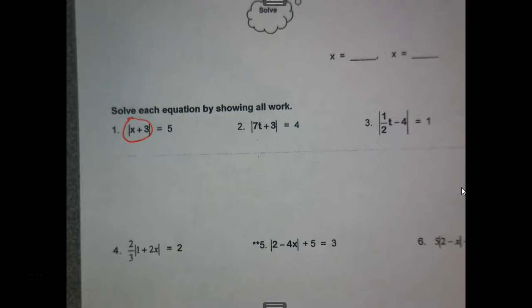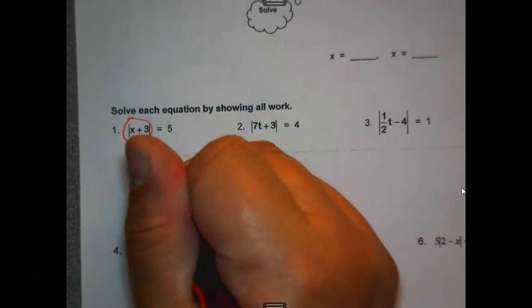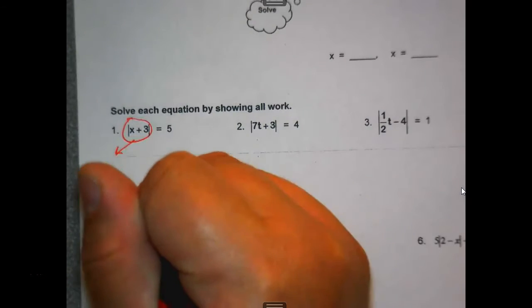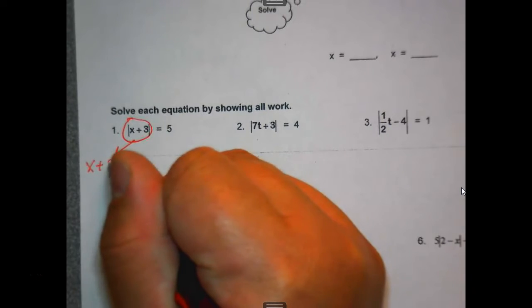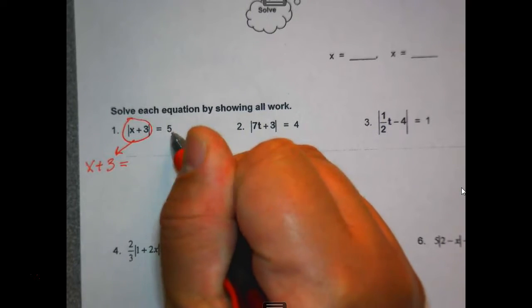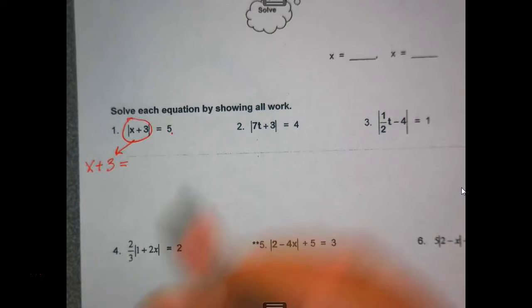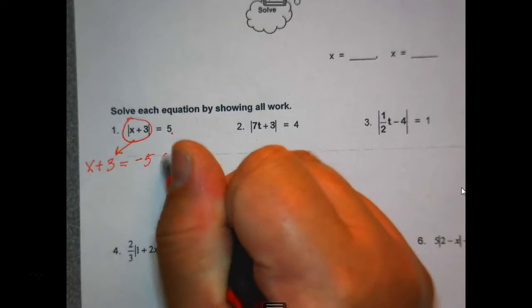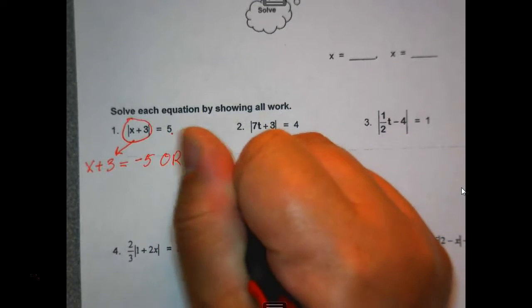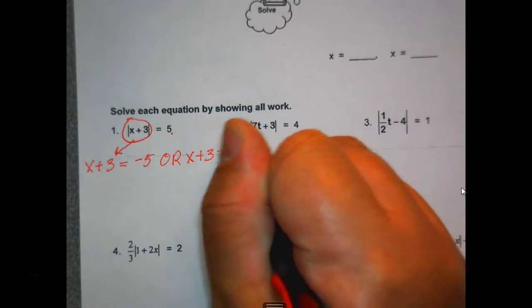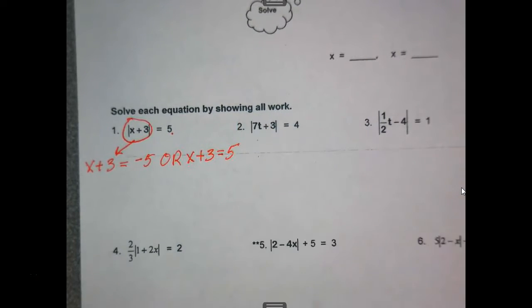Then consider both cases. X plus 3, whatever's inside, can equal negative 5, that's the location point, or x plus 3 can equal positive 5.